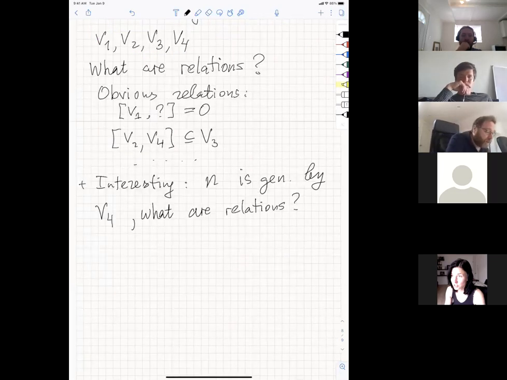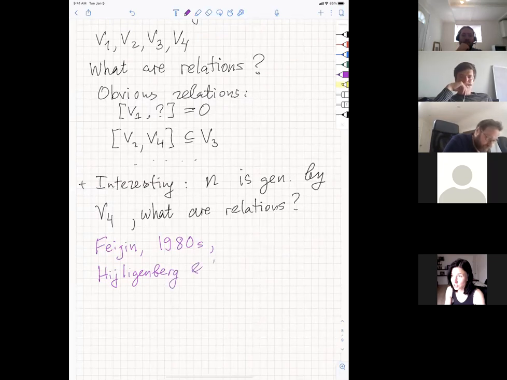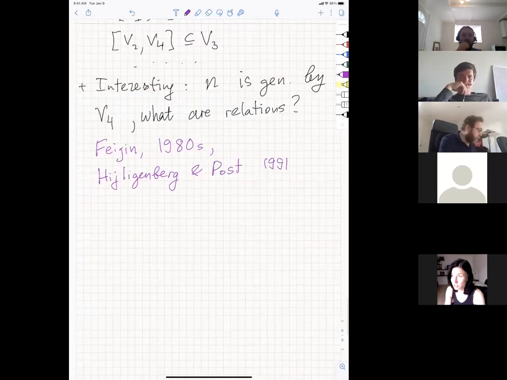This problem was studied by Fagin in the 80s, and then the published presentation is by Hidge, Ligen, Berg, and Post in 1991. The answer turns out to be quite simple.